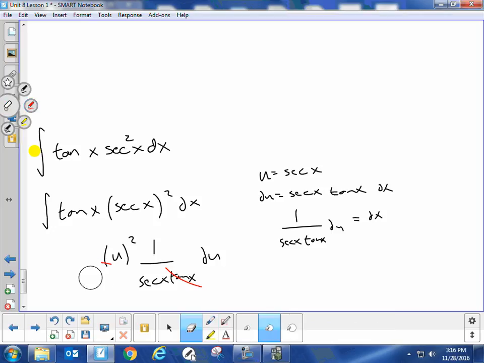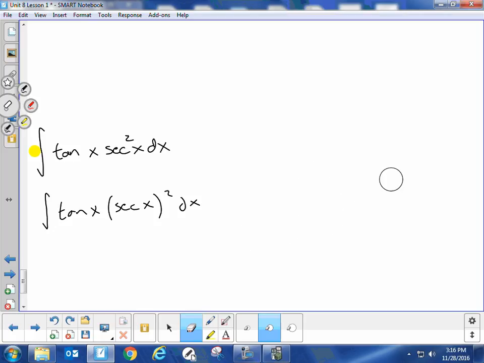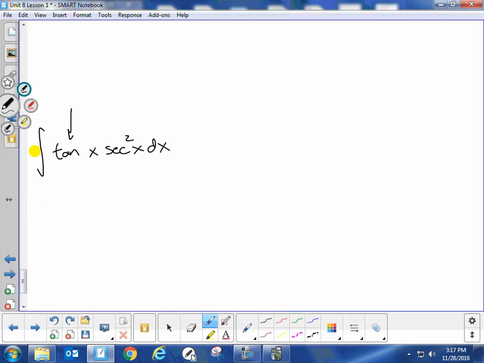We have to start kind of training ourselves to look at derivatives of pieces. I know that the derivative of tangent is what? Secant squared. If I thought this was g, I actually can write this as tangent to the first power, and there's my composition.